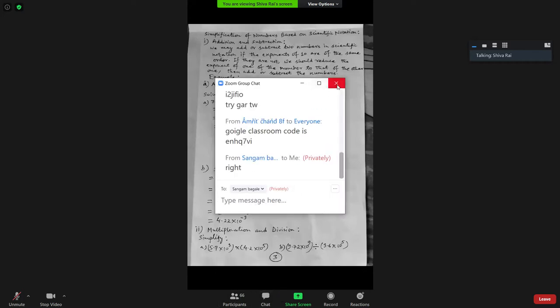After this, look here, in both the terms, the first term also 10 cube, the second term also 10 cube. So take the common 10 cube. What remains from the first term? It remains 7.56, and from the second remains 85.